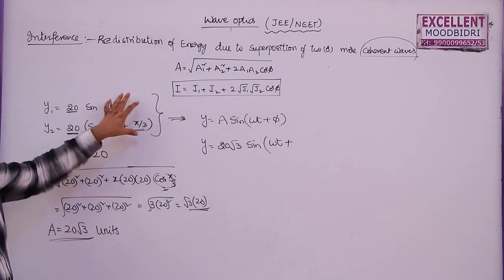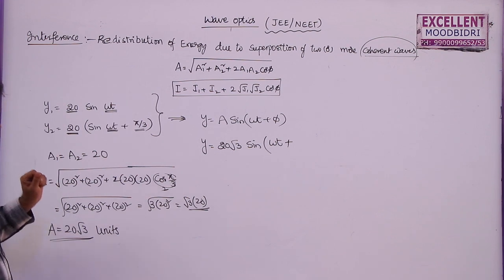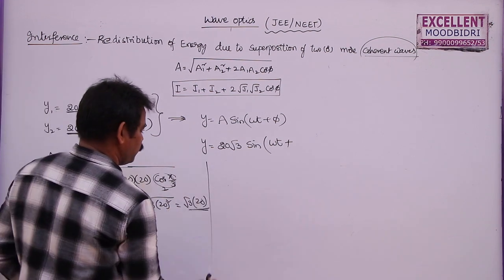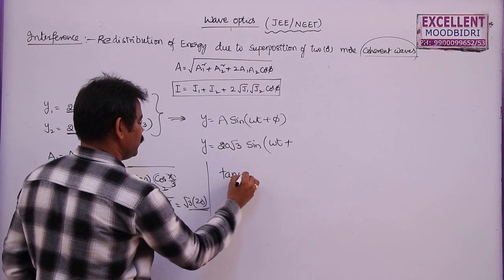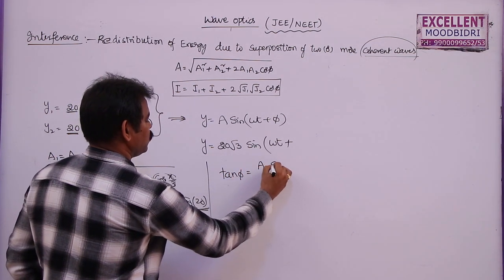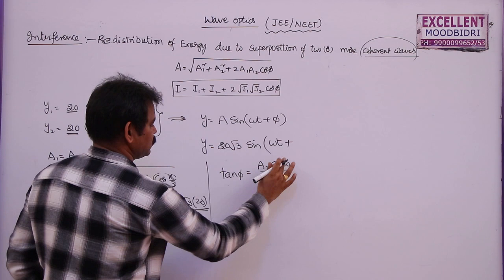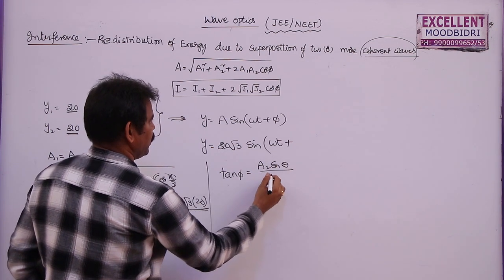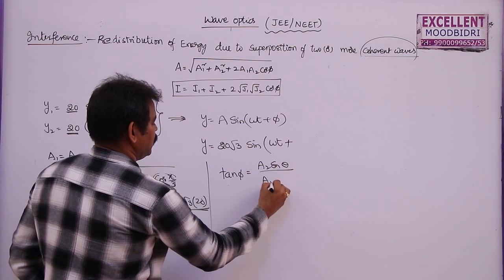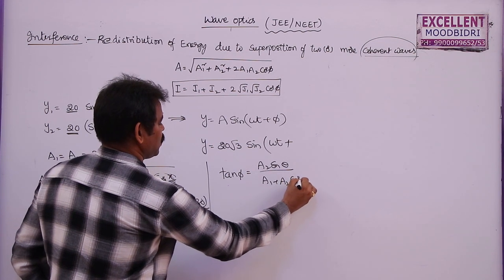But what is the phase difference between these two? Here we can write the phi value: tan phi is equal to a2 sine theta by a1 plus a2 cos theta.